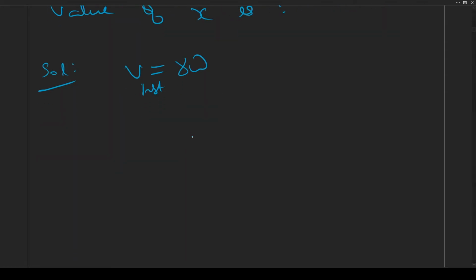And V average is equal to displacement by time.